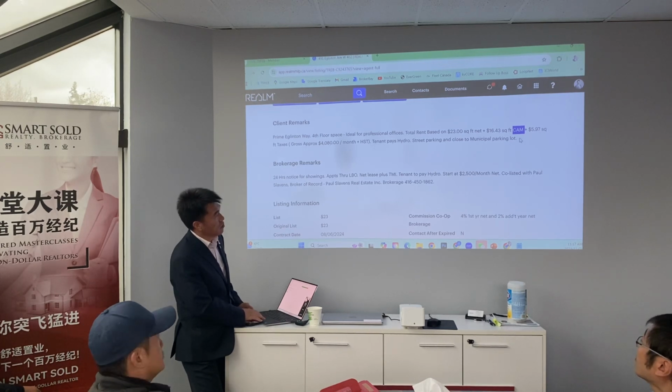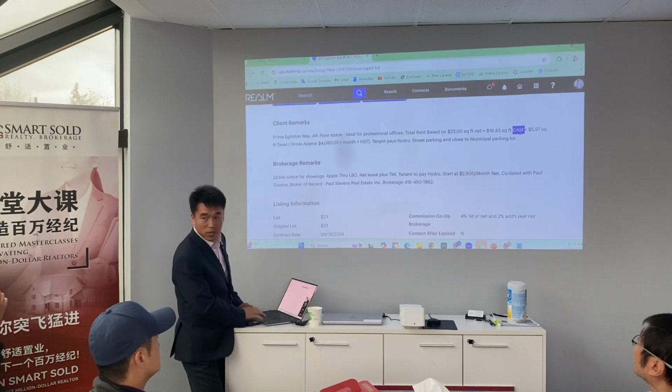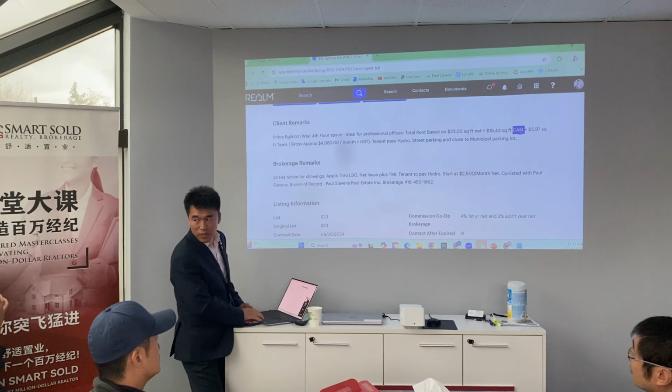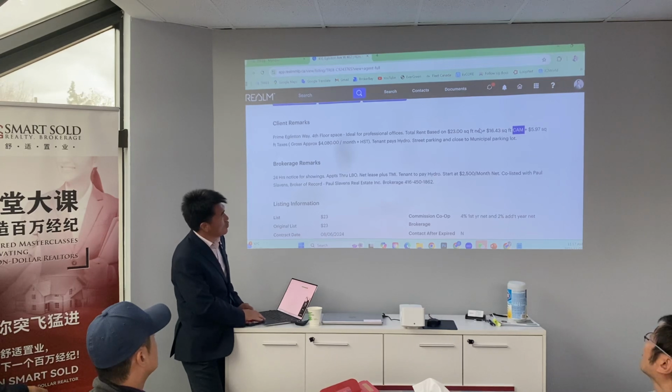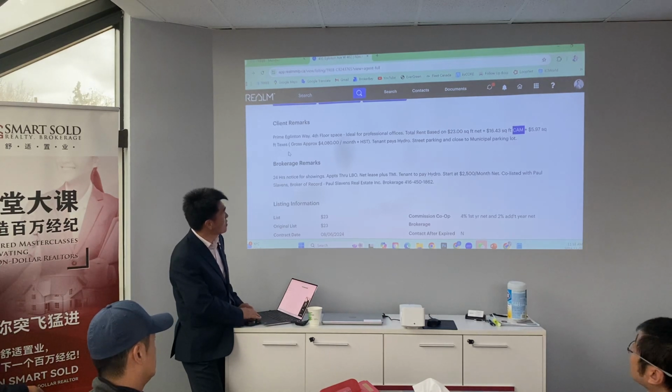Okay, what's that mean? Common area maintenance. Good, good. Oh, you guys are good. Common area maintenance, it's simply like a maintenance fee. So they just split it, or rather clarify and define the maintenance fee and the tax.